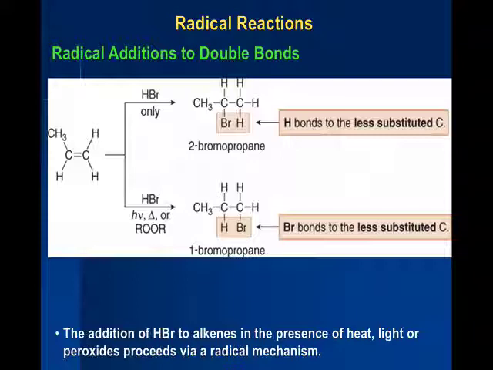I can have the bromine radical attacking the number 1 carbon or the number 2 carbon. Obviously, from the product we get, it attacks what? It attacks carbon number 1. Can you explain why? Carbon 1 is the most substituted? It's the least substituted. But why does it attack that one?